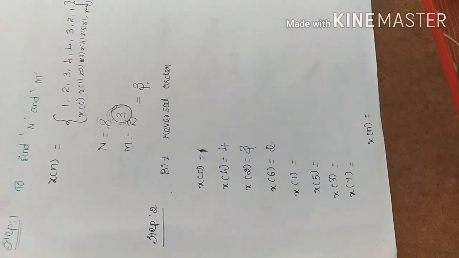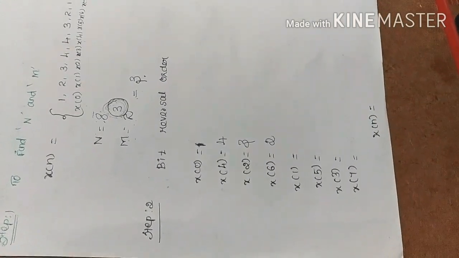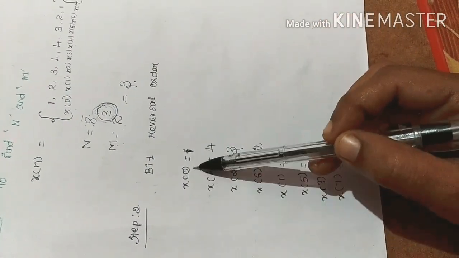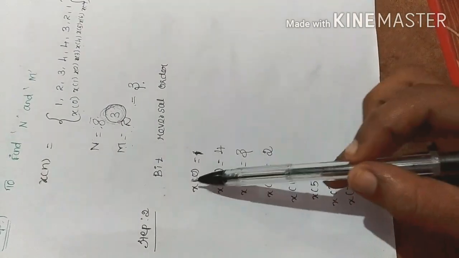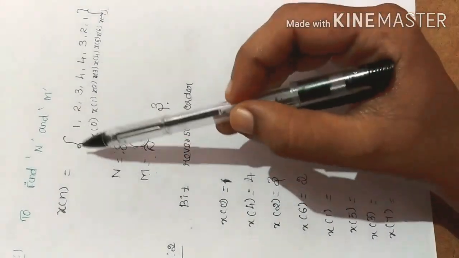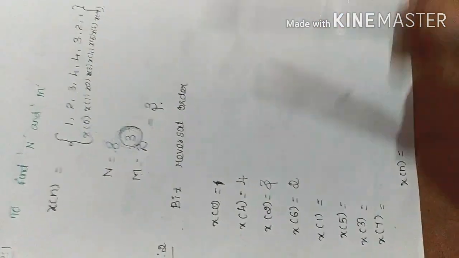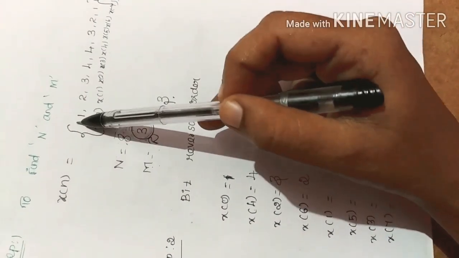Then step number 2. As I already told, here we use the bit reversal order. The order is x of 0, 4, 2, 6, 1, 5, 3, 7. In our given input, the indices go 0, 1, 2, 3, 4 and so on. So x of 0 is 1.